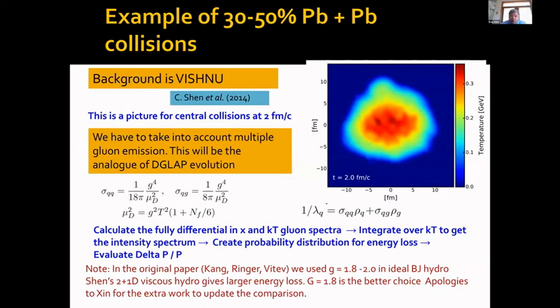For the latest calculations, and that's a change from what I showed you earlier, we use as a background viscous hydrodynamics, Vishnu, by Chunsheng and collaborators. And here's just an example; these are not 30 to 50% collisions, these are central collisions.